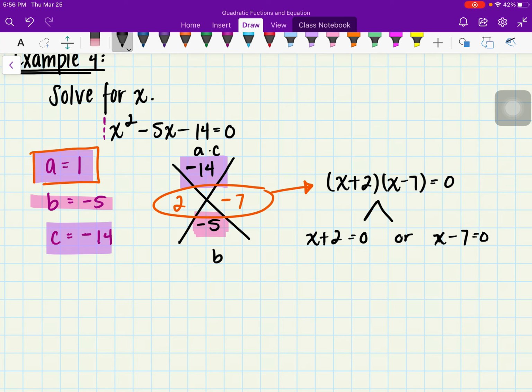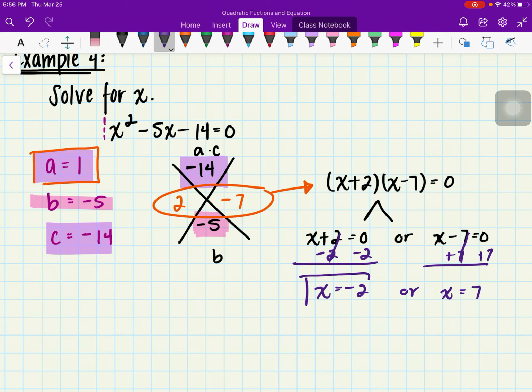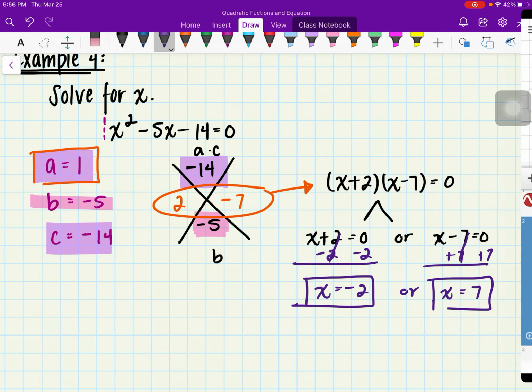So on my left hand side, I will be subtracting 2 from both sides, and we have x equals -2, or I'm going to go ahead and add 7 to both sides. x is going to be equal to 7. So these two values will represent our x intercepts, or the solutions for x in this case.